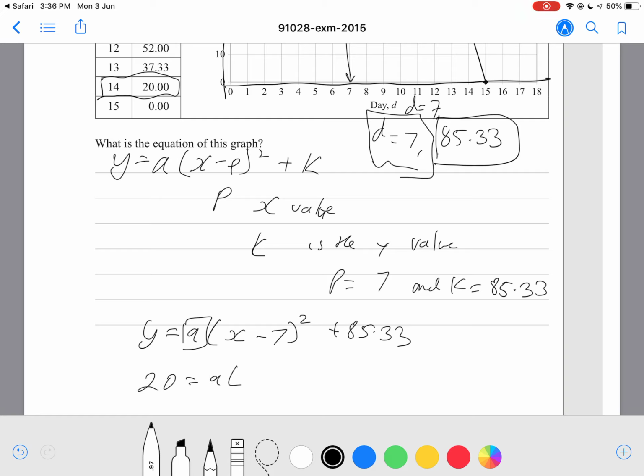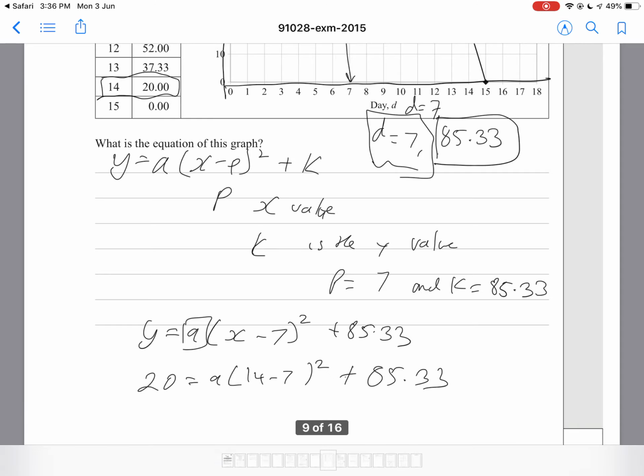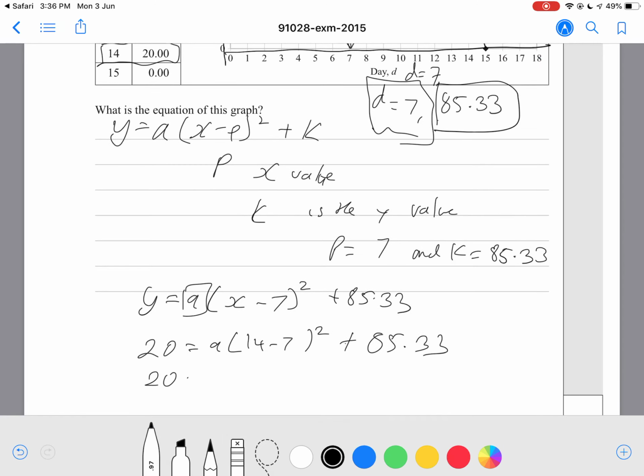So 20 equals a(14 minus 7) squared plus 85.33. Now 14 minus 7 is 7, squared is 49, so 20 equals 49a plus 85.33.